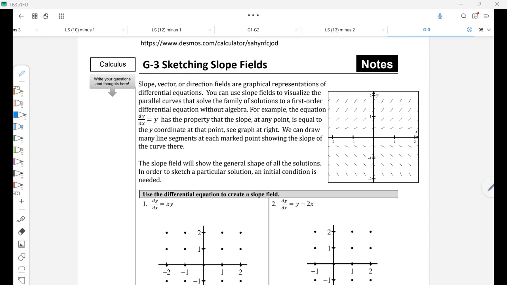So that's what's going on in this slope field. Everywhere where the y coordinate is 1, the slope of that line is 1. The higher your y coordinate goes, the steeper your line gets. When you go into negative y coordinates, your lines go down.